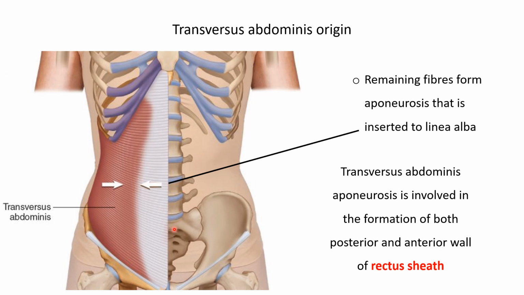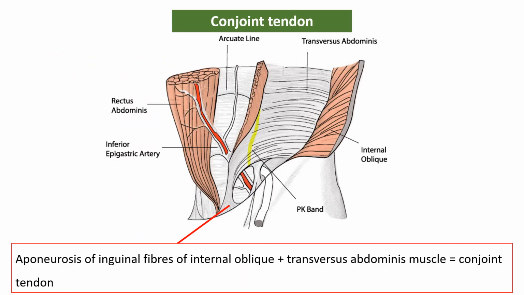External oblique forms only the anterior wall. Internal oblique forms both the anterior as well as the posterior wall of the rectus sheath. Transversus abdominis, most of it, that is the upper 3/4, will form the posterior wall, and only a small part of this transversus abdominis aponeurosis forms the anterior wall of the rectus sheath.